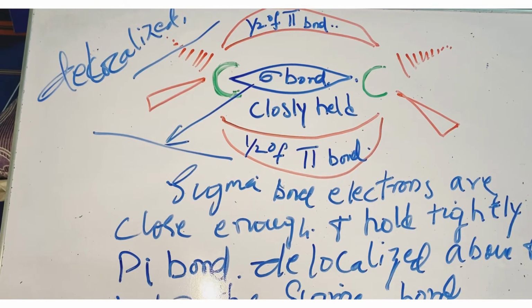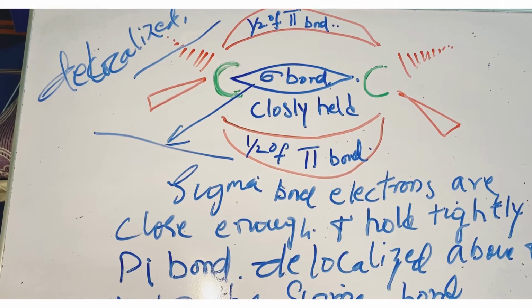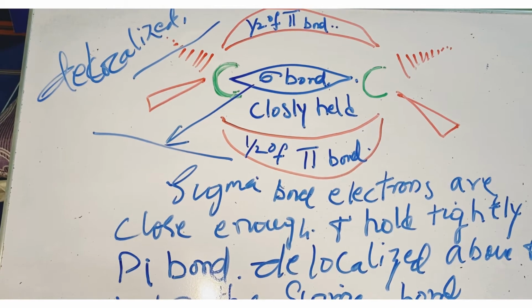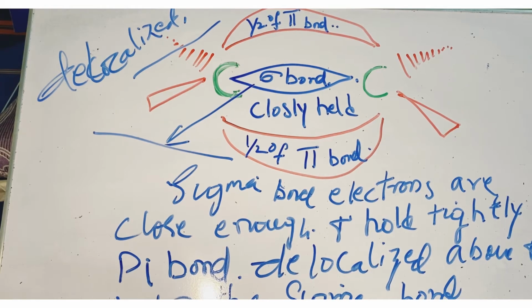What is happening here? It's very simple. This is a simple concept which you might have been told by many teachers of your institute. Many times you have heard, but still students come up with the assumption that we can't understand the additions to carbon-carbon double bond and we cannot follow our teacher properly.